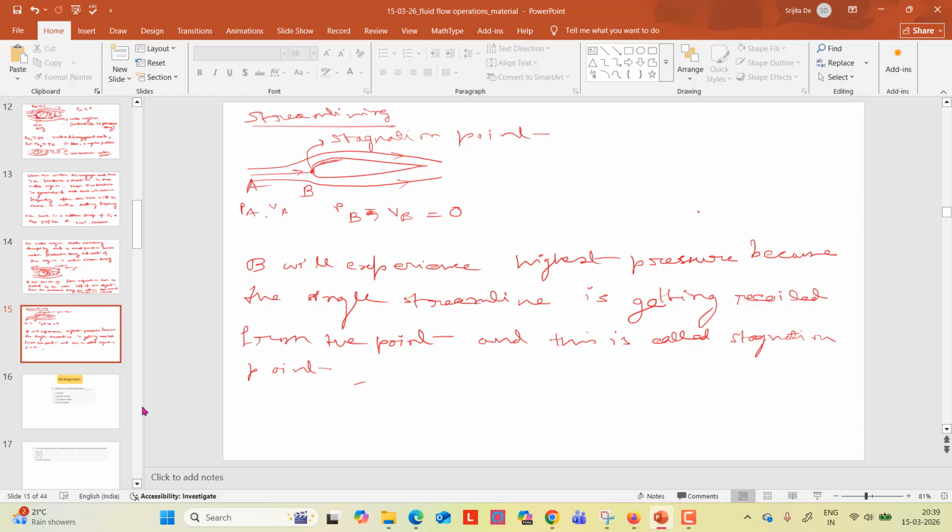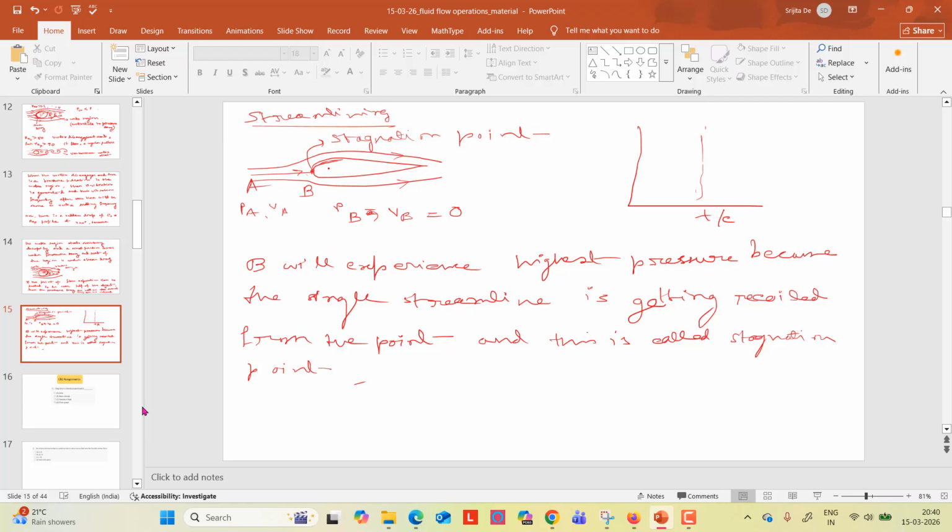So if you compare it with T by C and force, what is T by C? T by C is, if you remember sir's note, for the aerofoil, the thickness and the chord length, right?